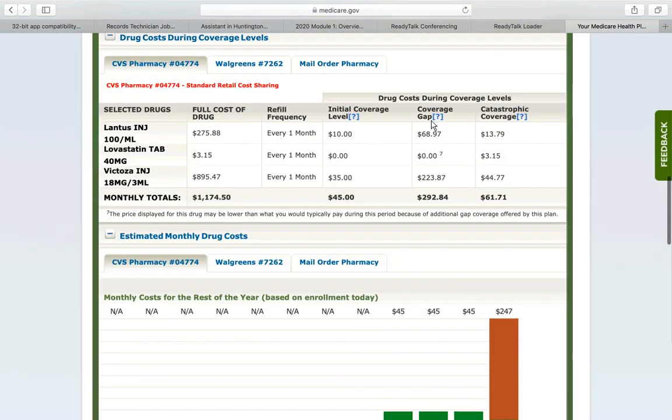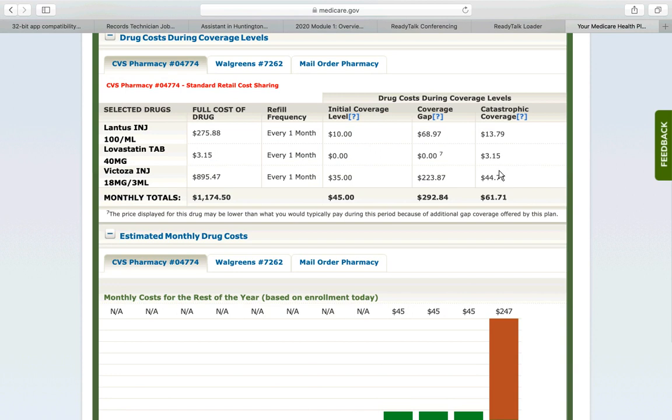If they do hit the $5,100 catastrophic limit, then from that point forward, they're going to pay a very, very low copay for their medications. Usually for medications that are between tiers 1 through 3, you will be paying between $3.40 and less than $9 per 30-day supply.